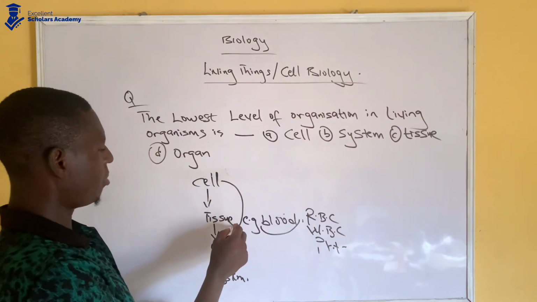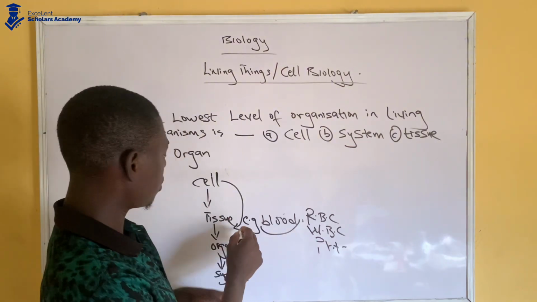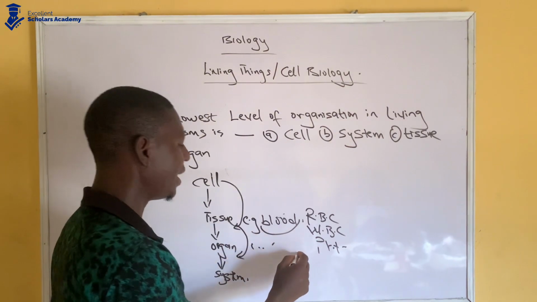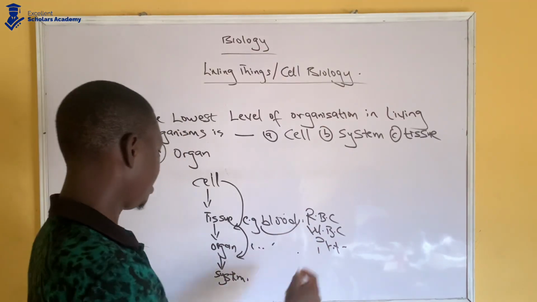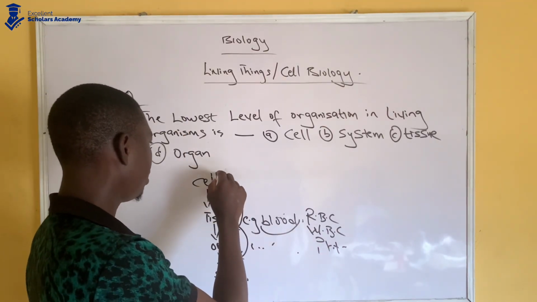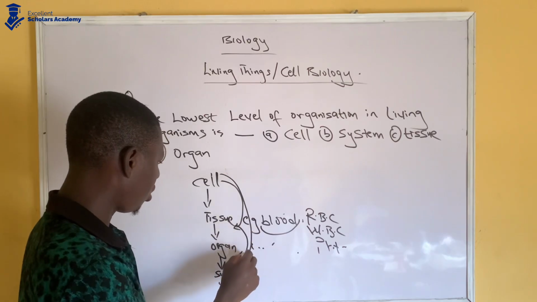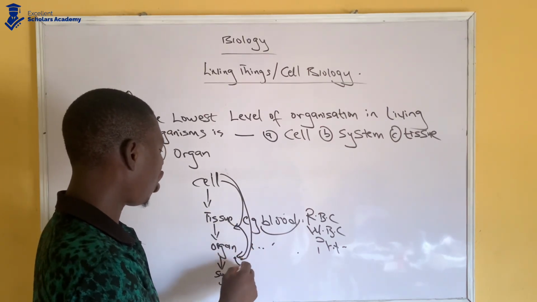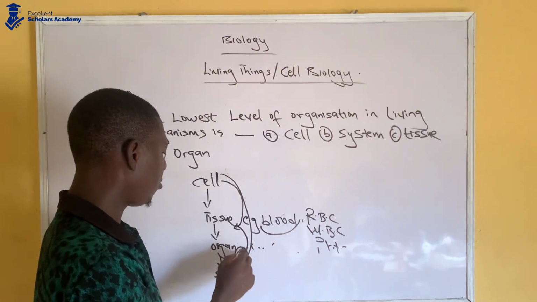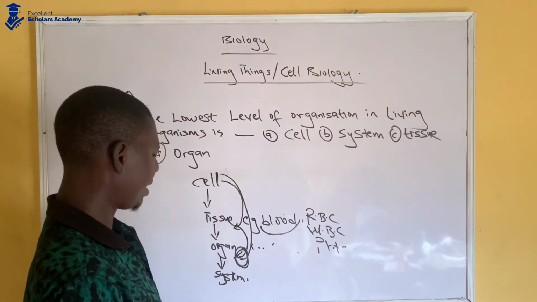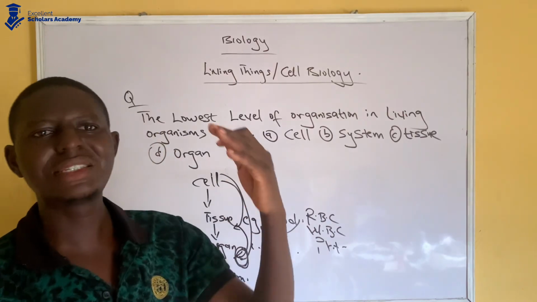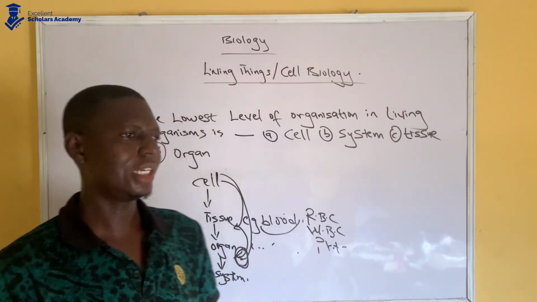Then two or more tissues that function alike are known as an organ. Organs like the heart, brain, kidney, etc. Then two or more organs that carry out a specific duty are called a system.